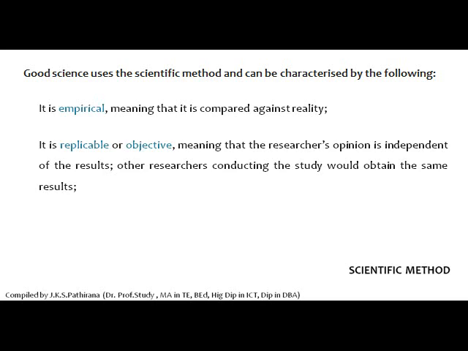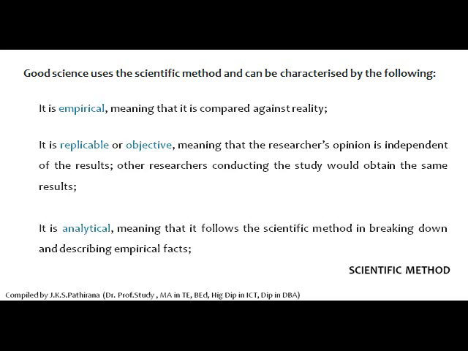Good science uses the scientific method and can be characterized by the following. It is empirical, meaning that it is compared against reality. It is replicable or objective, meaning that the researcher's opinion is independent of the results. Other researchers conducting the study would obtain the same results.